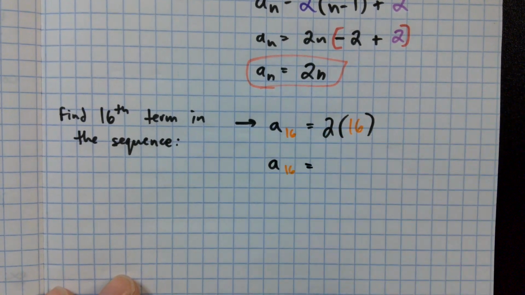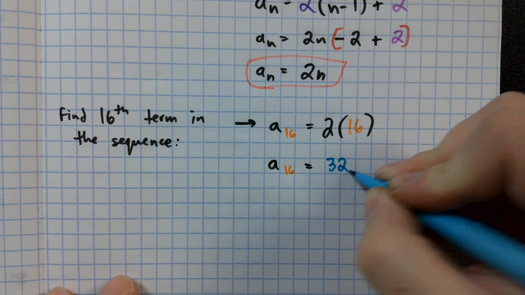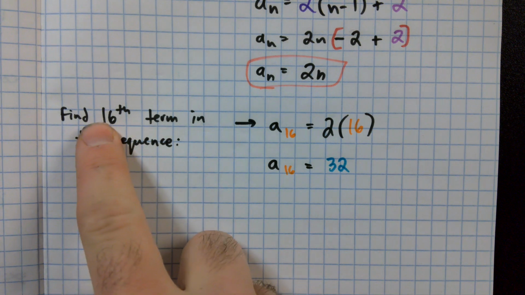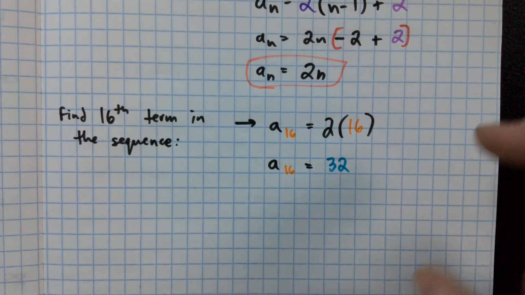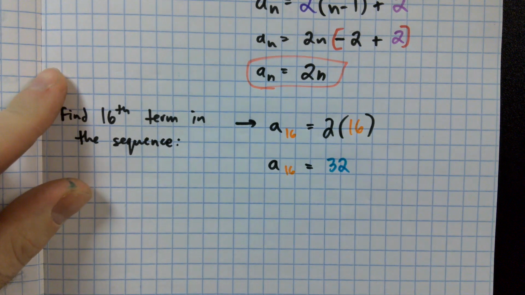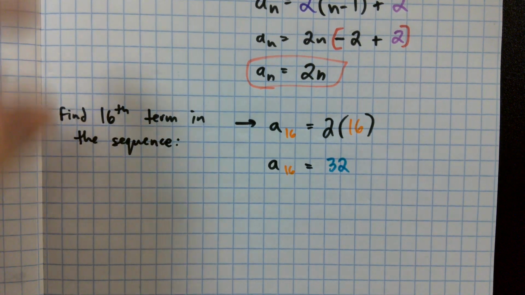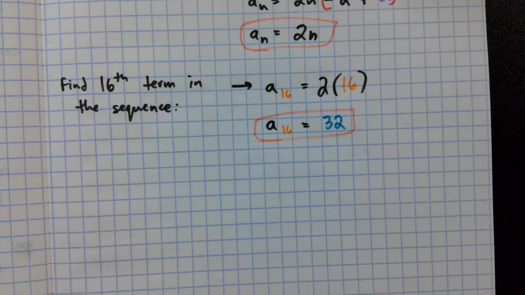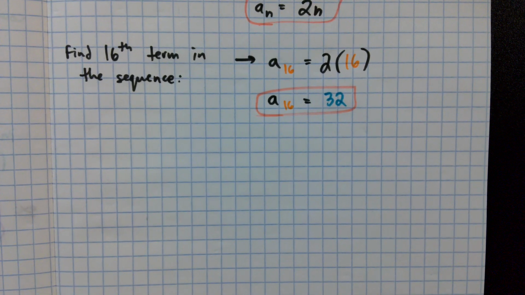And what's 2 times 16? 32. So if I follow this pattern, 2, 4, 6, 8, 10, 12, 14, 16, and so on, the 16th term in my sequence would be 32. It's a lot quicker for us to do that than it would be to write out every single term all the way up till we get to the 16th term. Hopefully you're seeing some of the similarities between our slope-intercept form and this. If not, you'll see the similarities eventually.